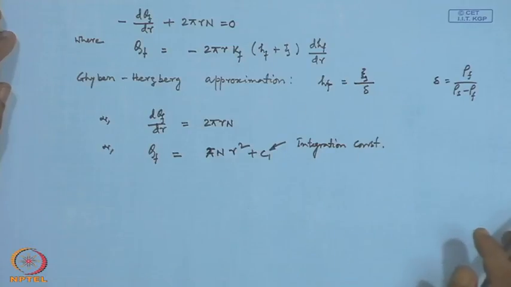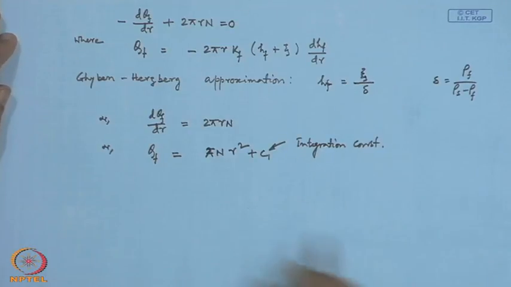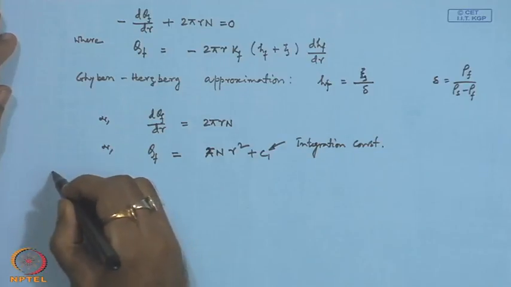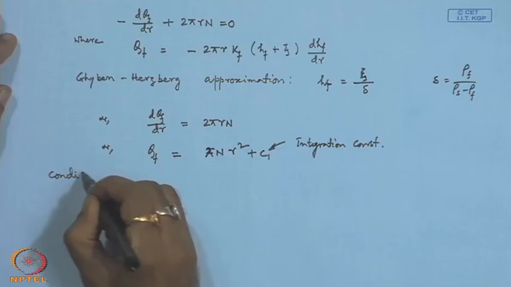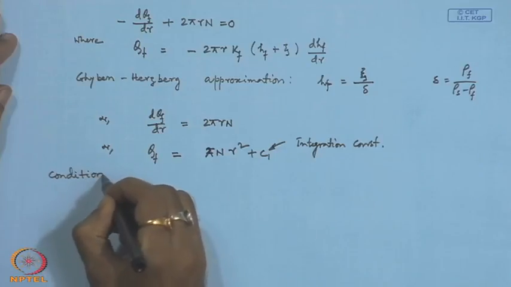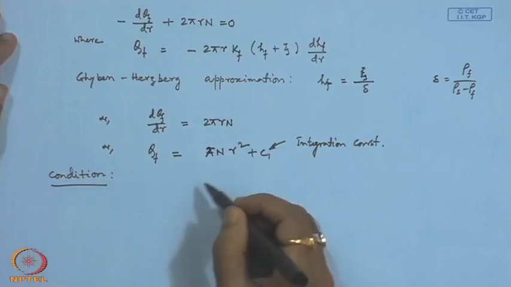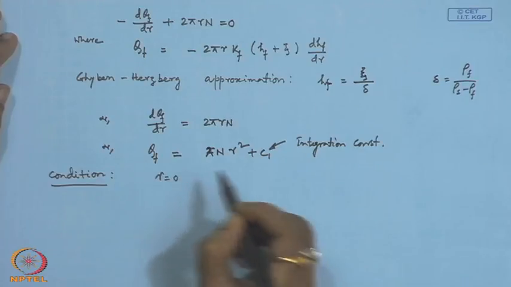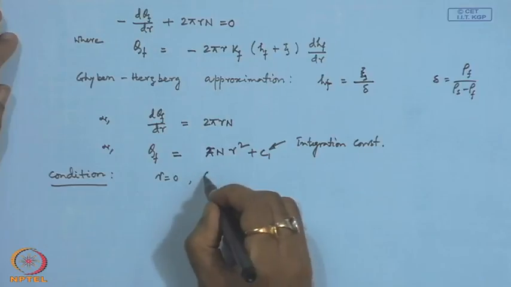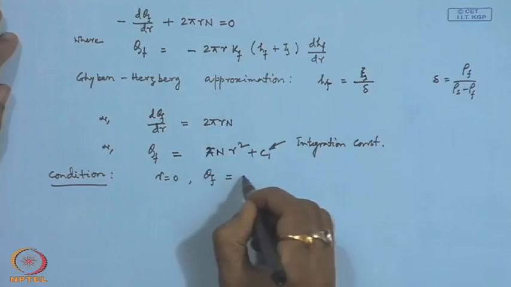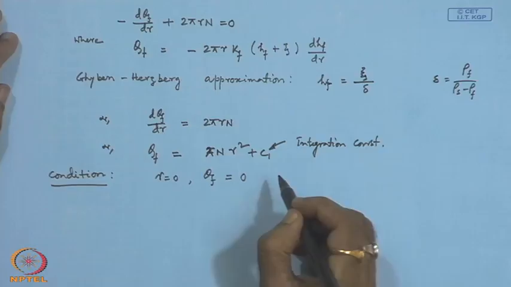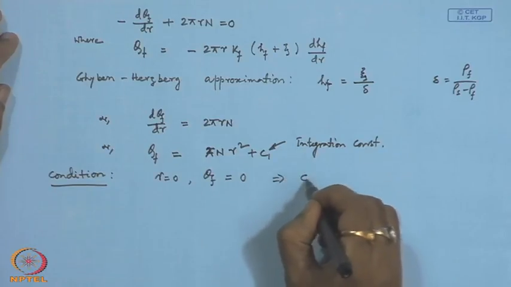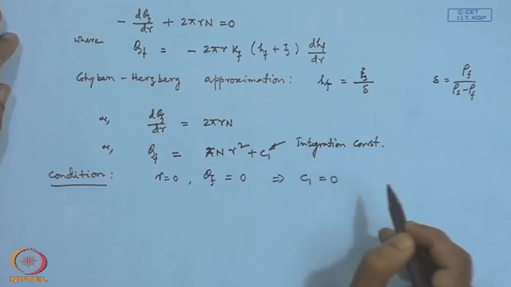For oceanic island, we can specify certain conditions. So, number one condition for oceanic island, we can specify that at r equals to 0, we have Qf equals to 0. So, it implies that we have C1 equals to 0.